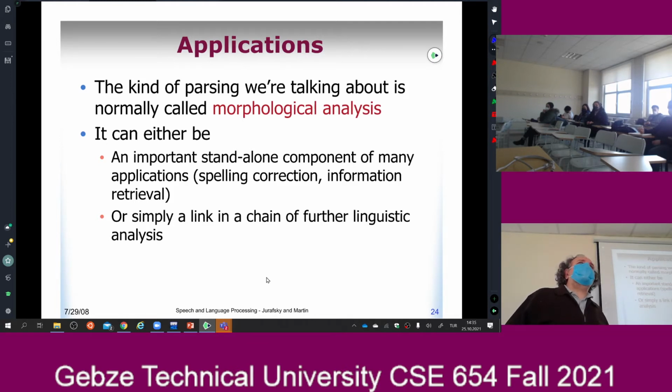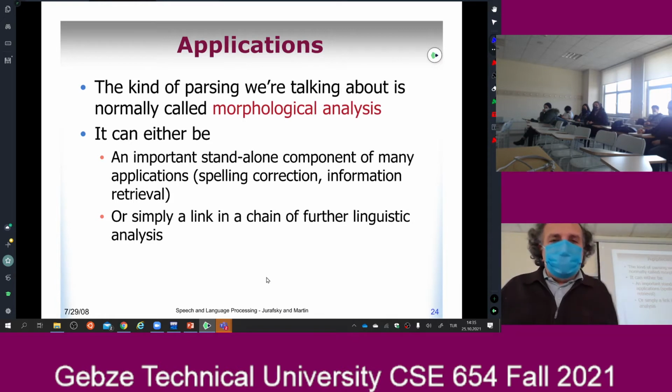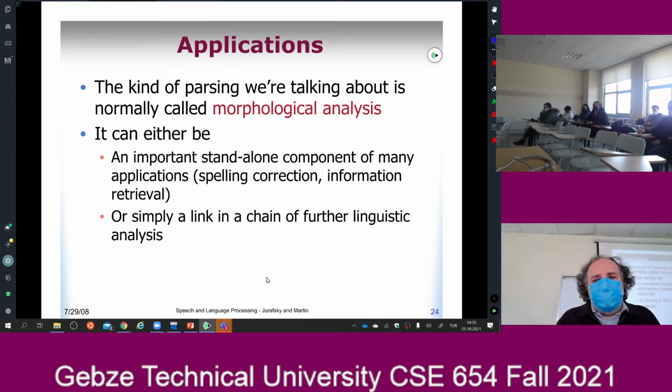Sometimes you need to get to the root of the word, okay? To get to the root of the word, you need to do the morphological analysis. Maybe that erupted word is not suitable to make a search. So getting the root of the word, erupt, is the better solution. So for information retrieval, usually they do the morphological analysis of the words that are given and choose the root of the word, okay?